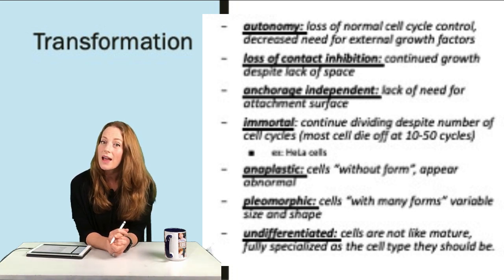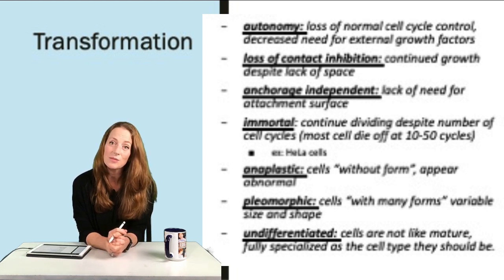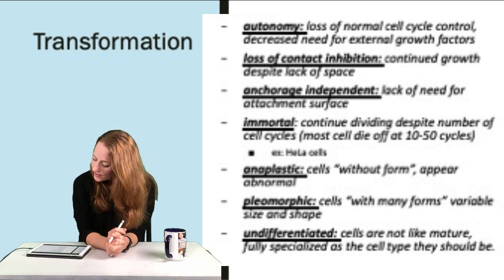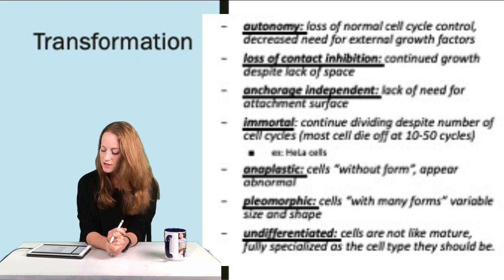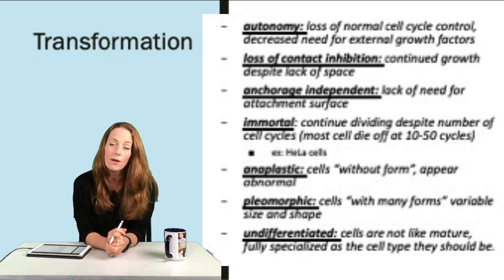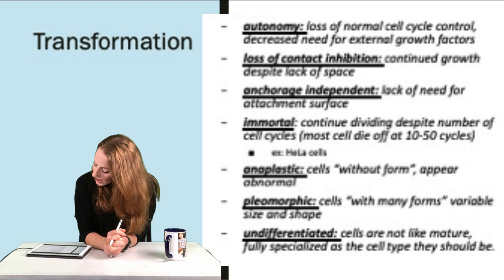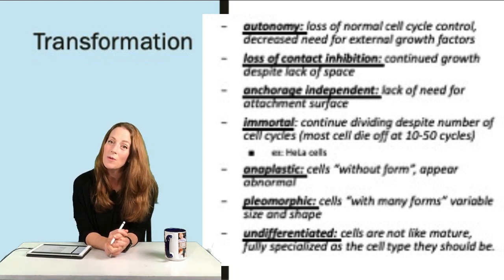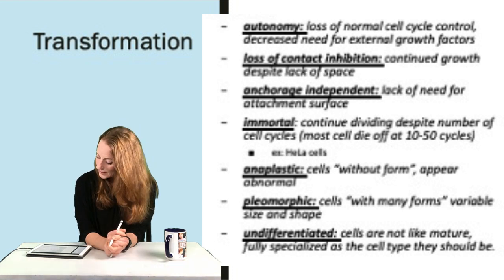Cancer cells often are anchorage independent, meaning that they don't need attachment sites the way that normal cells do, where they're not listening to the attachment sites. They often are immortal. They continue dividing despite the number of cell cycles. Anaplastic cells are cells without form, and they appear abnormal, as I showed you previously, as a hallmark of malignancy.